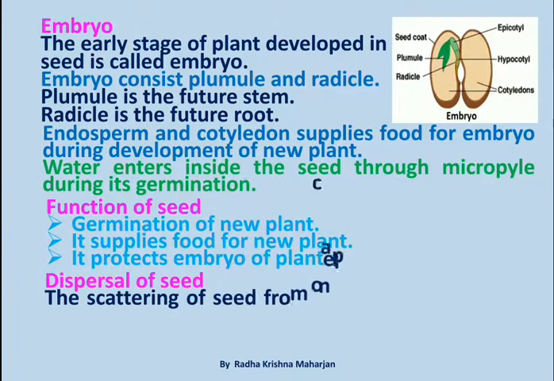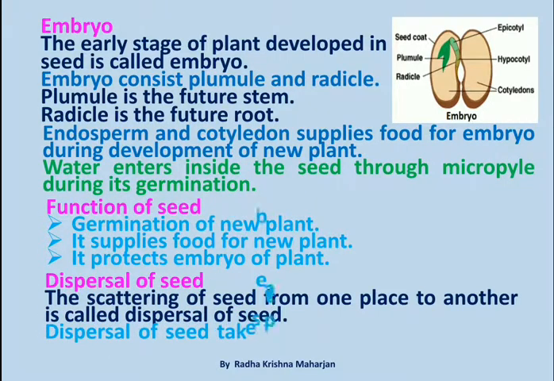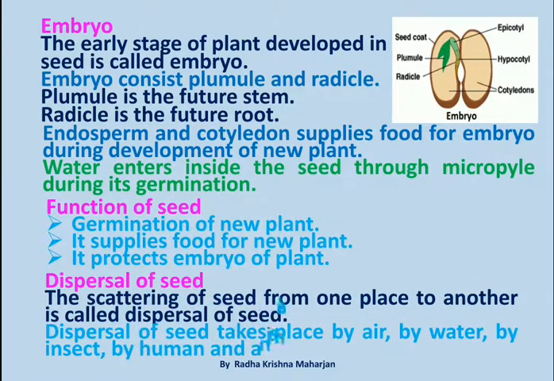The scattering of seed from one place to another is called dispersal of seed. Dispersal of seed takes place by air, water, insects, humans and animals.